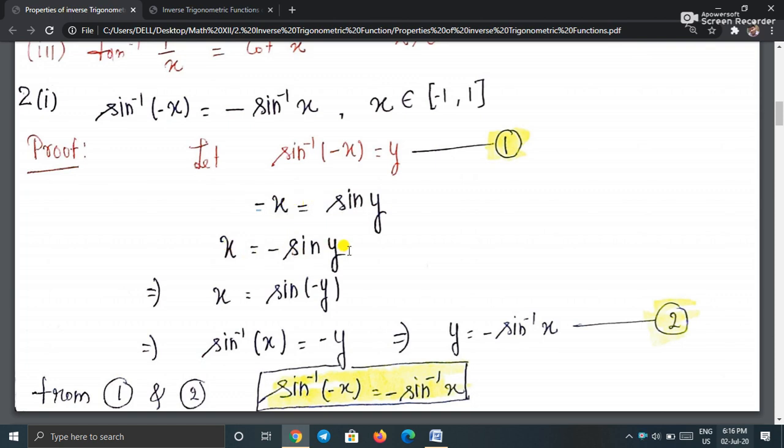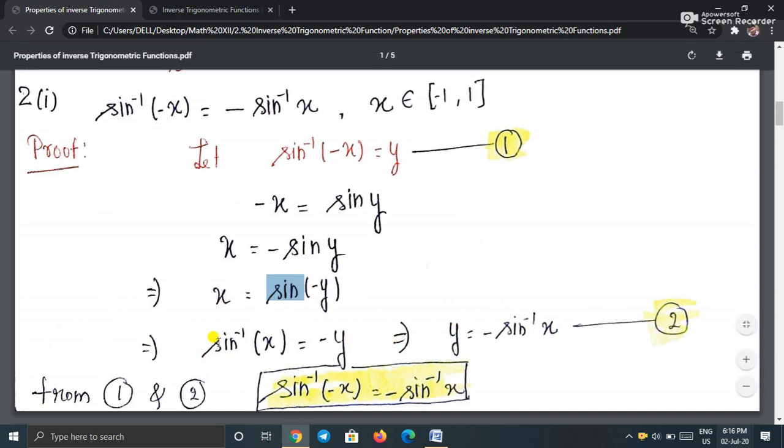So x is equal to minus sin y and minus sin theta is equal to sin minus theta, so x is equal to sin minus y. Now again using the property of inverse function, sin inverse x is equal to minus y, so y is equal to minus sin inverse x, and multiplying by -1 on both sides you will get this equation.